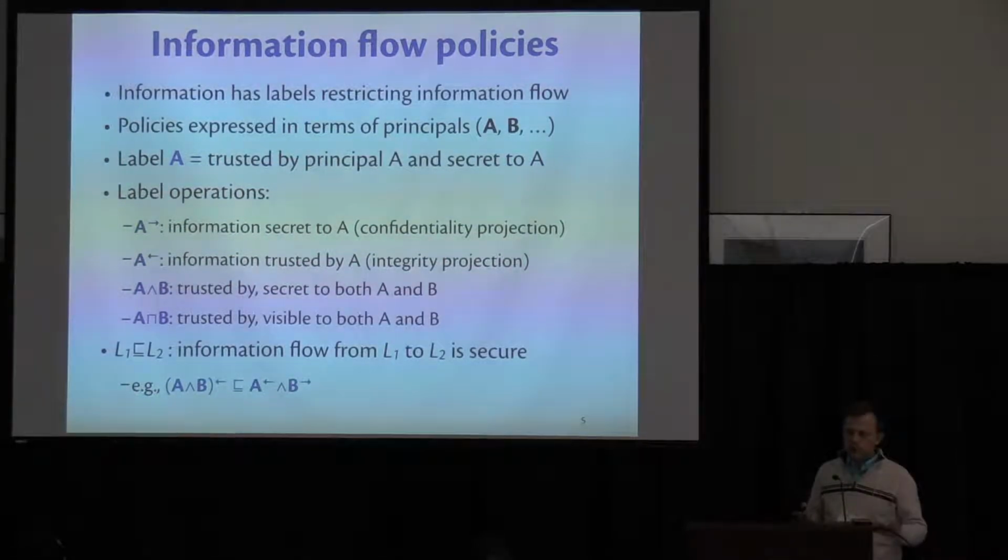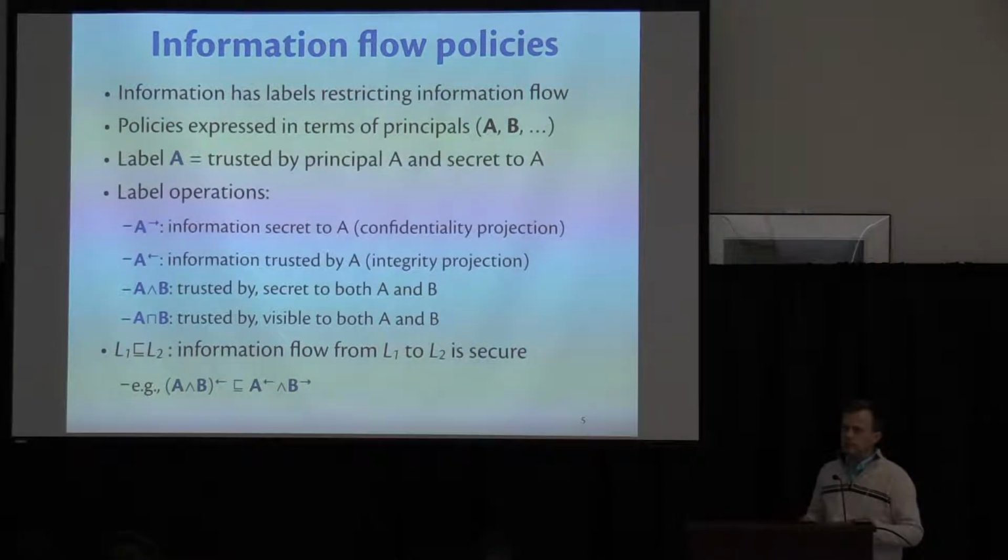The policies are what we call labels. The labels are actually part of the types of things. You don't just say that something's an int, but you say it's an int and it's secret, or it's Alice's int. These labels are expressed in terms of principals. We'll assume that there's some set of principals that are kind of atomic entities. And we can use a principal as a label for information.